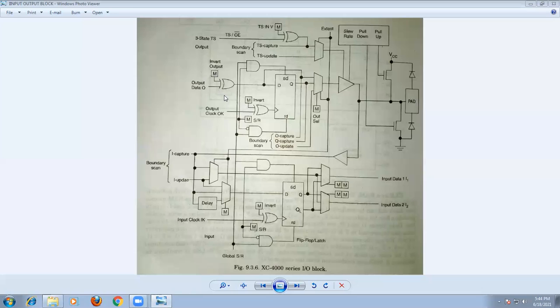Sometimes the output signal will be stored in the flip-flop also. Sometimes we require that the output signal must be stored in the flip-flop.